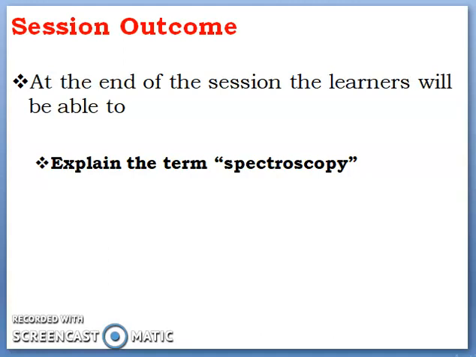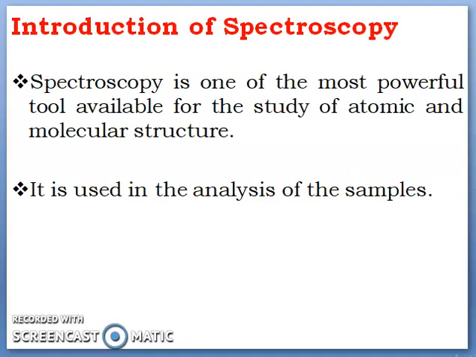The outcome of the session: the learners will be able to explain the term spectroscopy. Spectroscopy is the most powerful tool available for the study of atomic and molecular structure. It is also used in the analysis of various chemical samples.